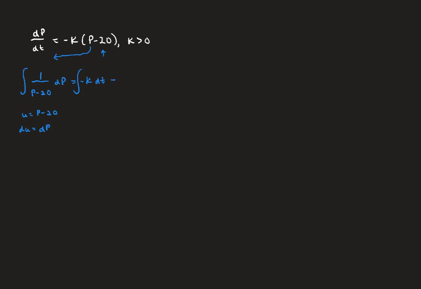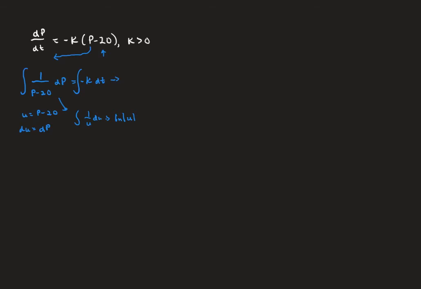Either way is okay. If you did the substitution, this would become 1 over u du, which would give us the natural log of the absolute value of u.